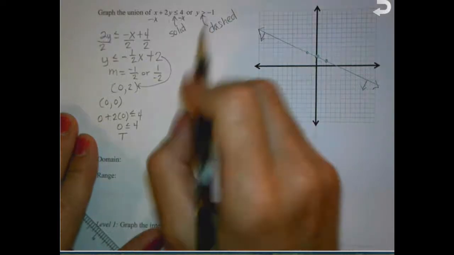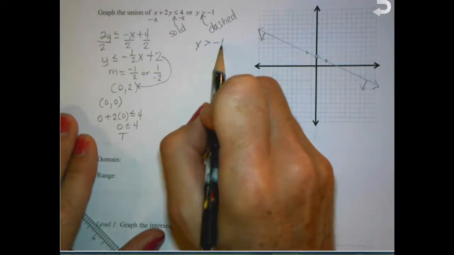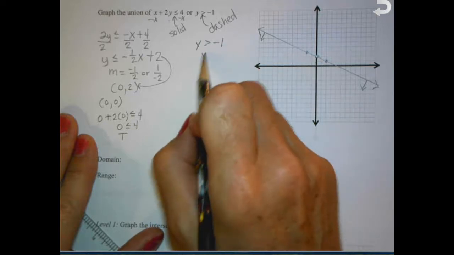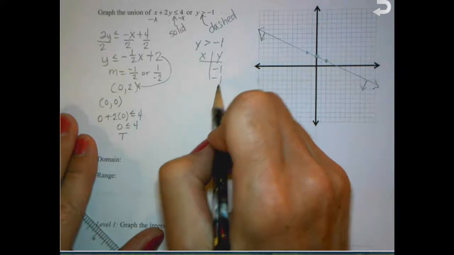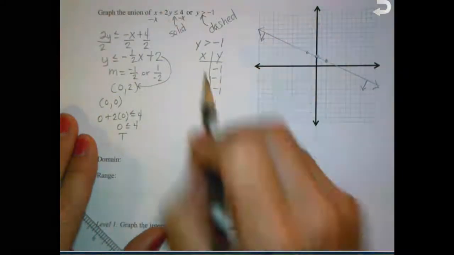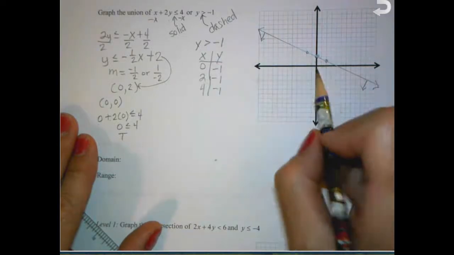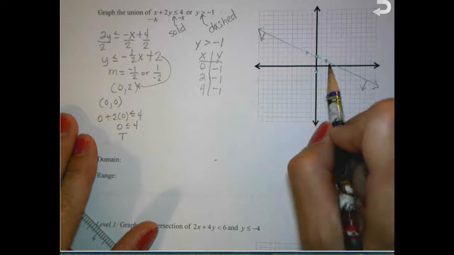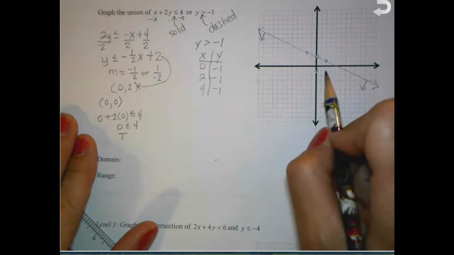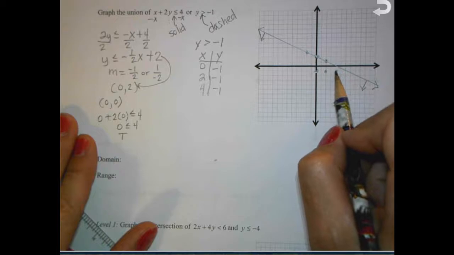Now my last one, my last inequality, y is greater than negative 1. I'll graph this one again with an xy table, negative 1 for my y's, and 0, 2, 4, whatever I choose for the x's. So (0, negative 1), (2, negative 1), (4, negative 1).